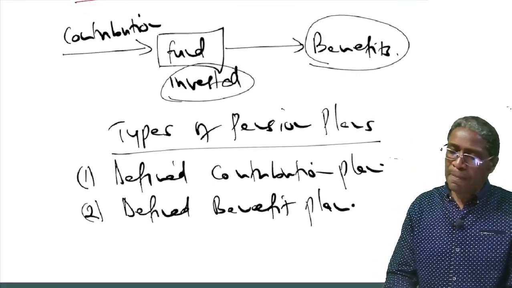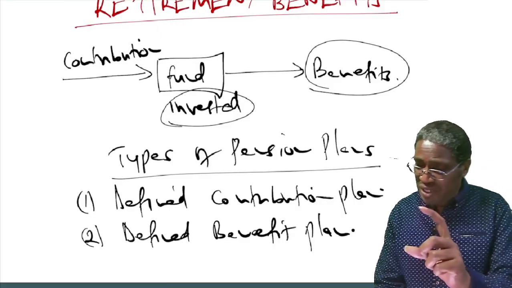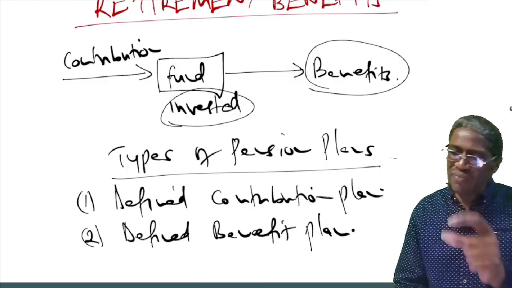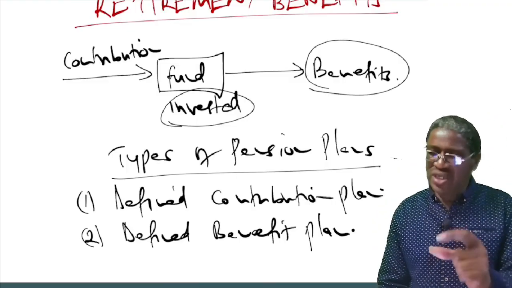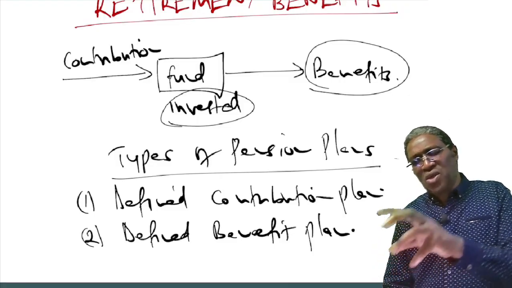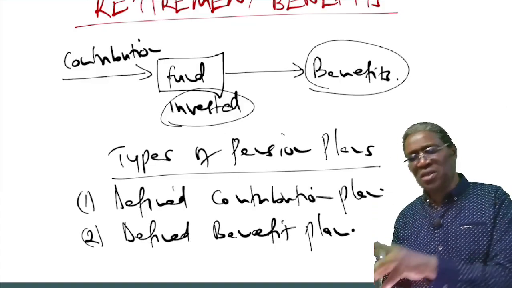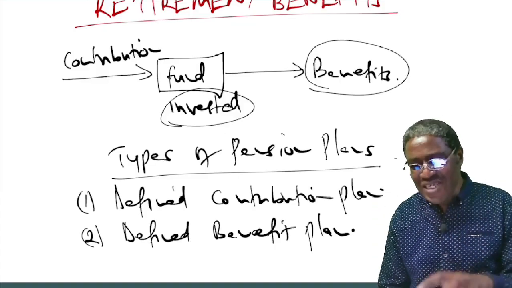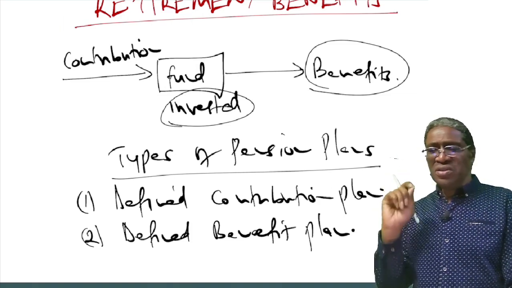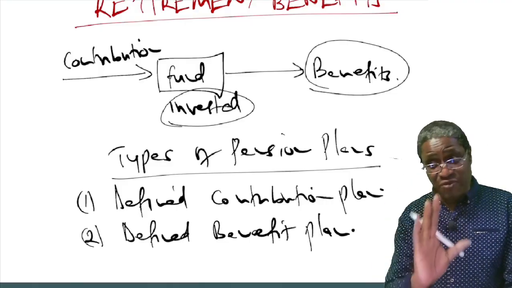Now, going back, I hope you can remember, the term already can tell you something on what this kind of plan is. When we say a defined contribution plan, and when we say a defined benefit plan, let me just remind you. I don't want to ask you, but of course you should know the difference.